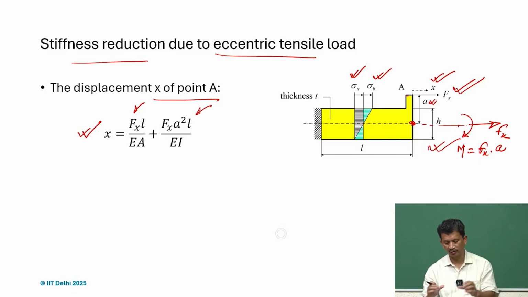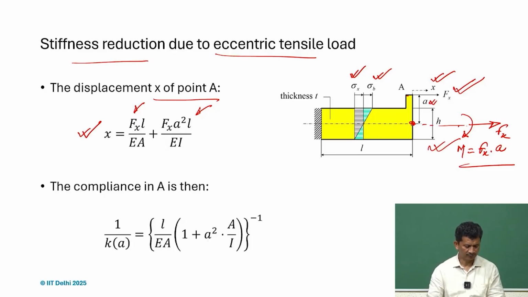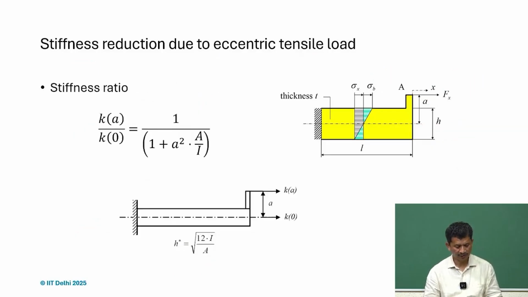So A times phi, the rotation because of the bending load, will get reflected. So both will get added. So of course then the effective compliance at point A will be this one. One is because of this axial load, and the other is because of the bending.